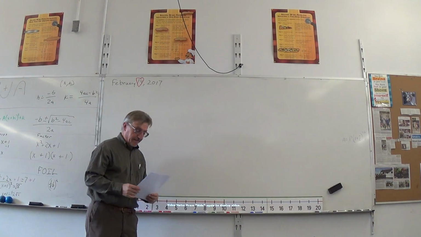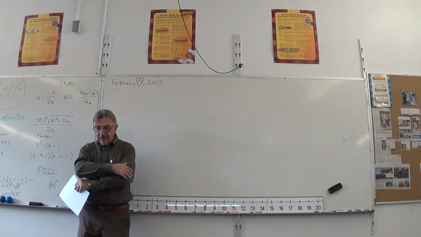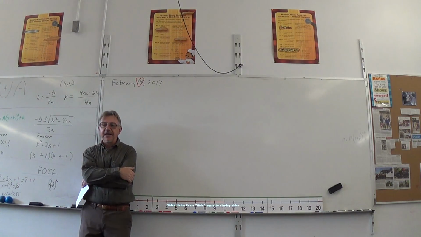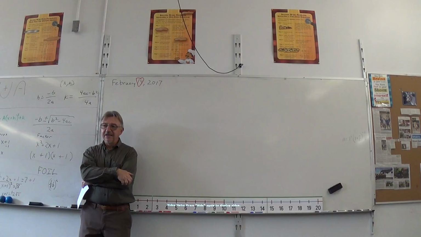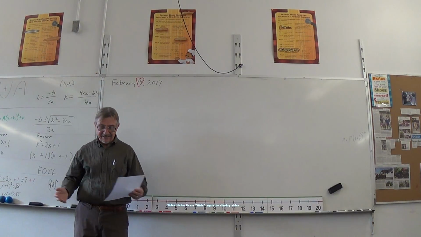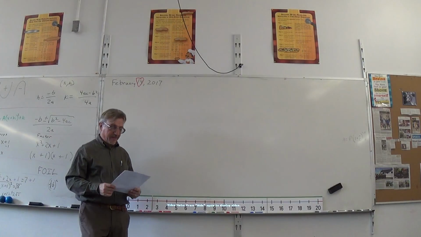The difference between a dot plot and a line plot is that on a dot plot, you use dots, and on a line plot, you use X's. Be aware that that's the whole big difference there.